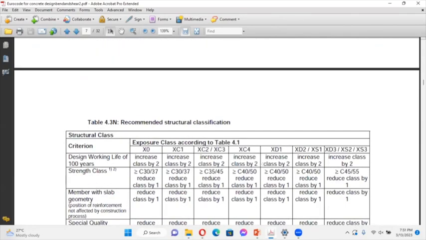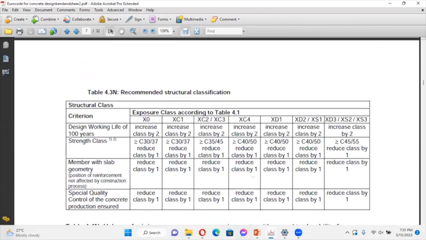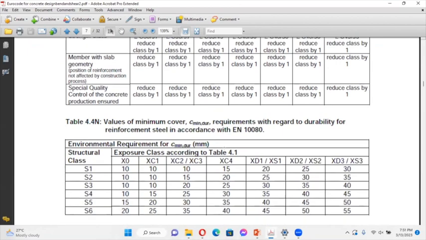Then from this, you can decide the lifespan of a structure, and depending on the way you are going to cast it, you can come up with a particular class requirement, and then from this chart you can decide how much cover is needed.